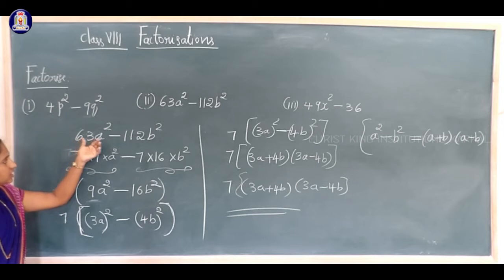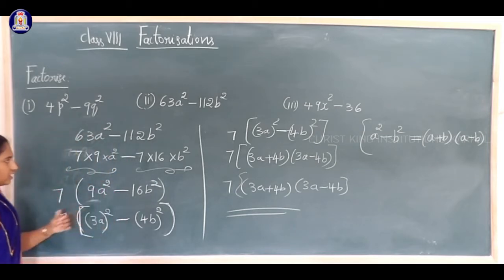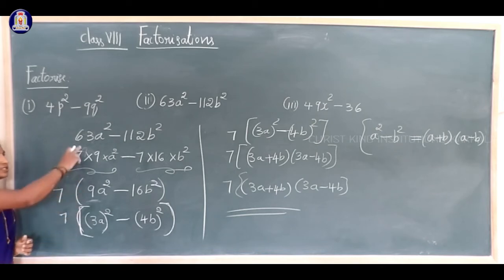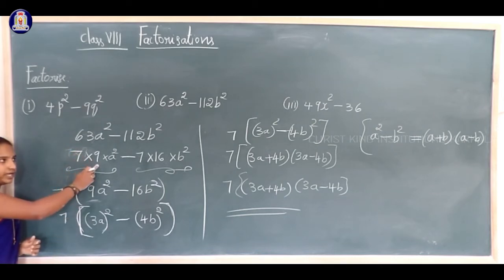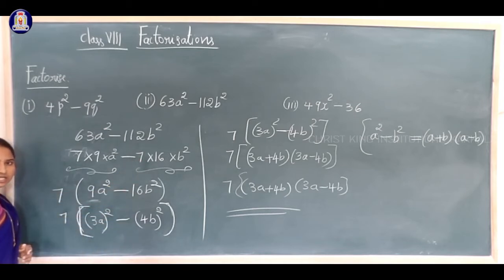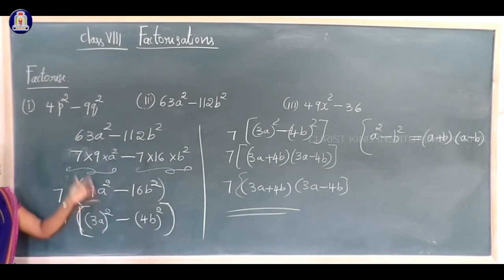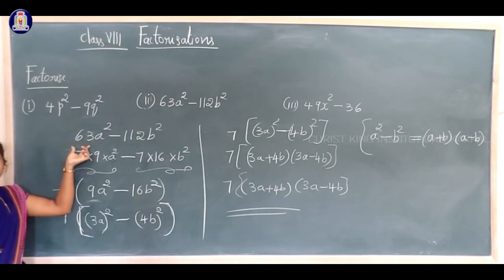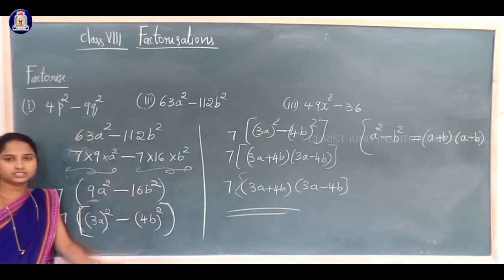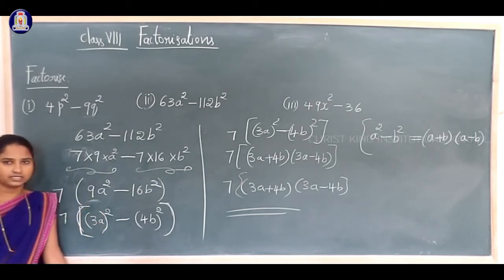So here 63 and 112 are not perfect squares, so we can take a common factor. 63 can be written as 7 into 9 and 112 can be written as 7 into 16. So first you have to think whether these numbers are divisible by the same number. Yes, so this is divisible. 7 divides 63, 7 also divides 112. Then we can take the common factor and write the remaining factor inside the bracket.